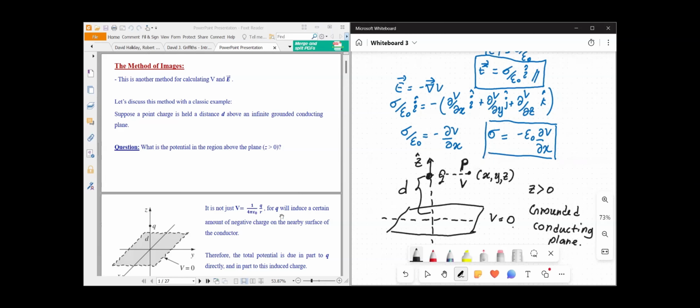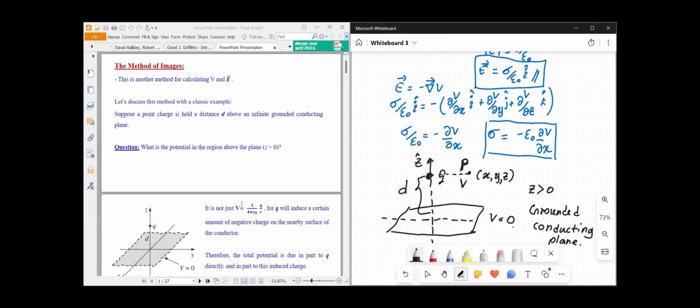So this positive charge will induce a certain amount of negative charge on the nearby surface of the conductor. Because we have the positive charge here, a certain amount of negative charges will be induced on this conducting plane because we have free electrons here. So we cannot just calculate the potential by considering the distance and the charge.